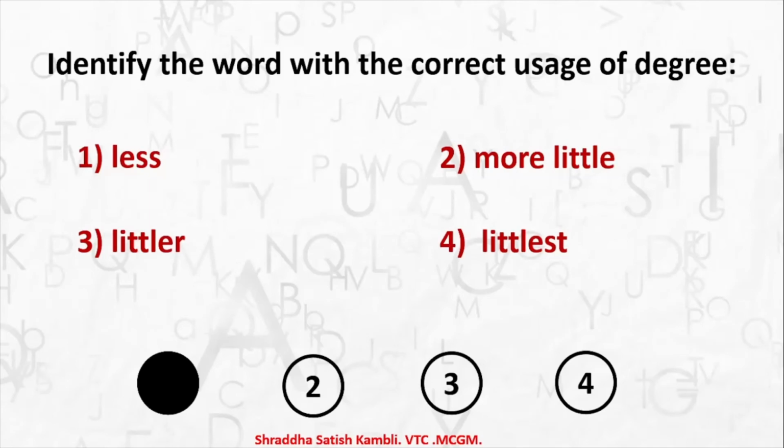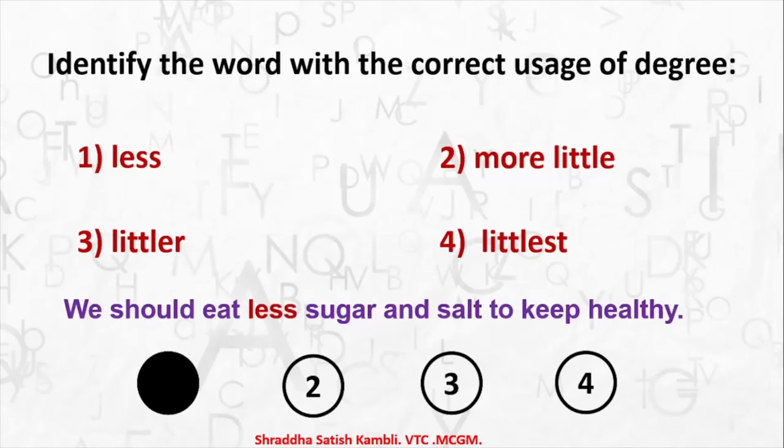Alright, so this is the example sentence. What is the example sentence? Here it is. We should eat less sugar and salt to keep healthy. So you want to be healthy, you should eat less sugar and less salt. So you should not write more little salt or littler salt or littlest salt. Alright, so these were certain examples for pattern number 1.